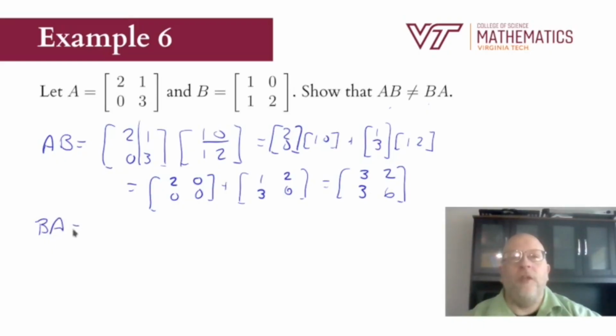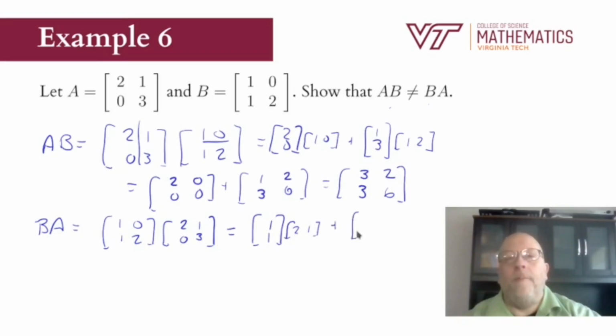But if we switch the order, now we're looking at 1, 0, 1, 2 on the left, 2, 1, 0, 3 on the right. And when we match up the rows and the columns, we get 1, 1 and 2, 1, plus 0, 2 and 0, 3.